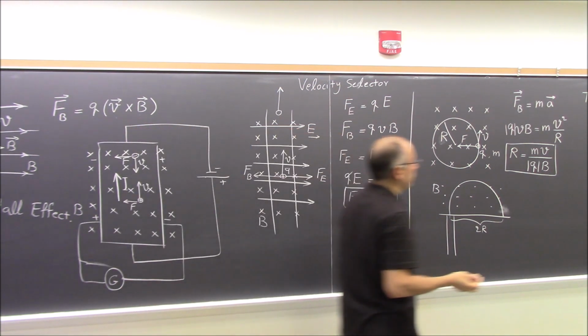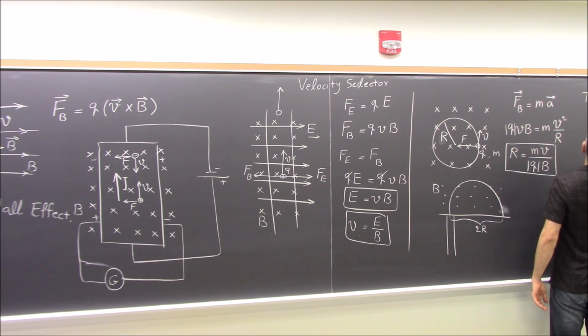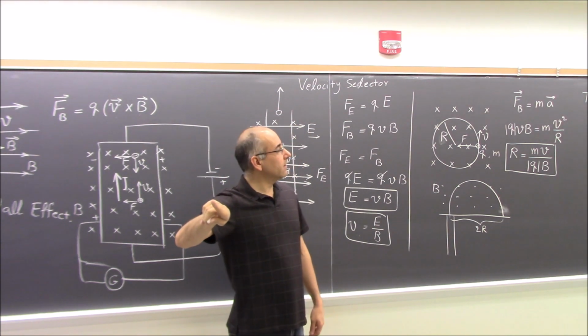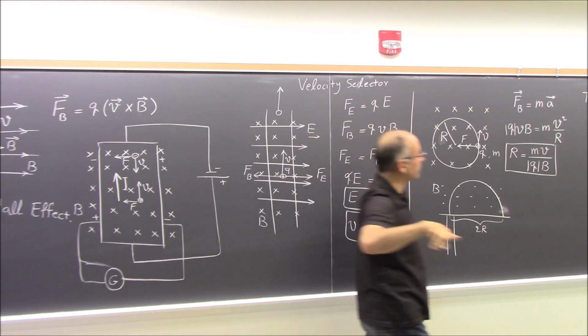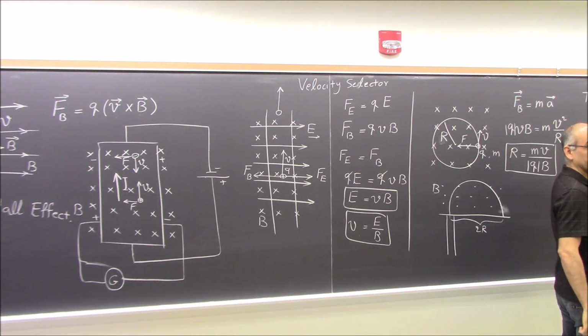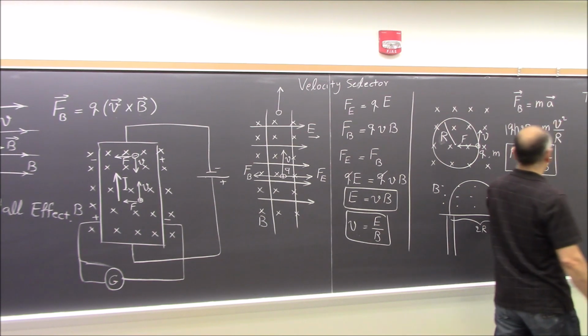Time period, you usually call it T, but if you look at the speed, it goes at 2 pi R divided by T. That's one complete cycle divided by the time for one cycle is the speed. Now let's put R equal to that.